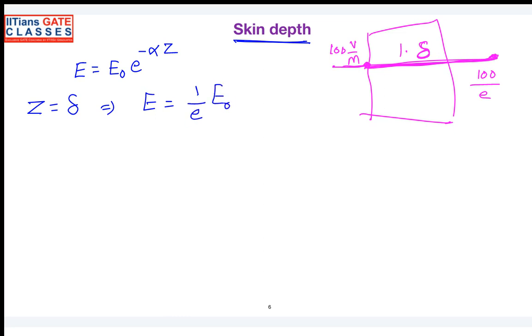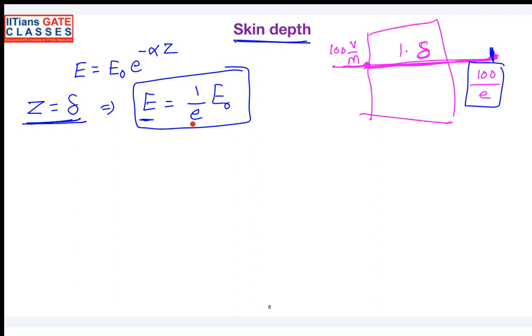So the skin depth is defined as the distance traveled by the wave inside a conducting medium such that your electric field at that point becomes 1 by E times of your initial electric field. When your Z becomes 1 times delta, your E becomes 1 by E times of your E naught.